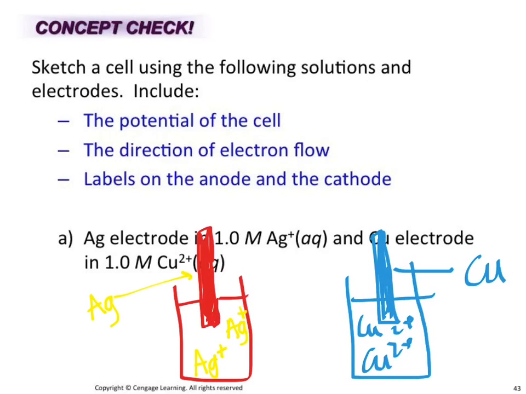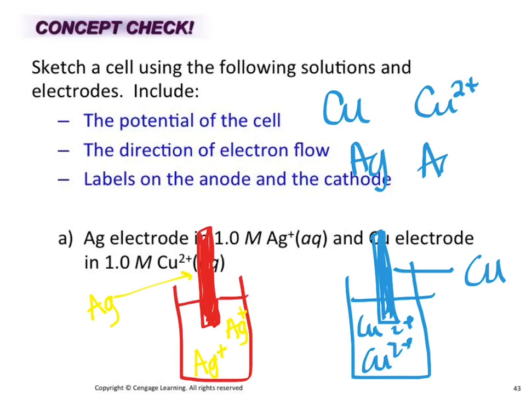So the next thing you need to do is go to your chart and find copper solid and copper 2 plus, and then find your silver solid and your silver plus one.